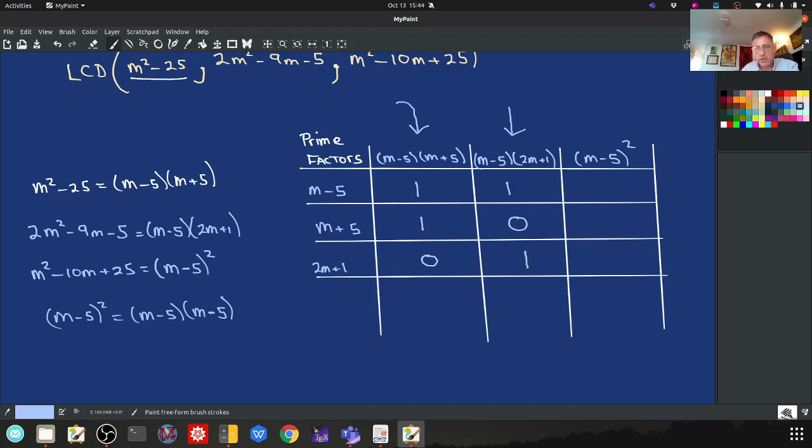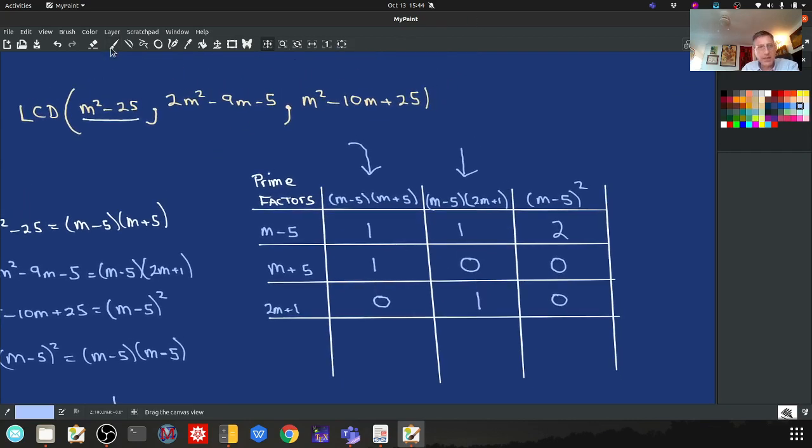How many of 2m plus 1? There is 1. Down here, how many factors of m minus 5 are there in m minus 5 squared? Well, there's 2 of them. And there's not a single factor of m plus 5 or 2m plus 1. So now we're ready to write the LCD.